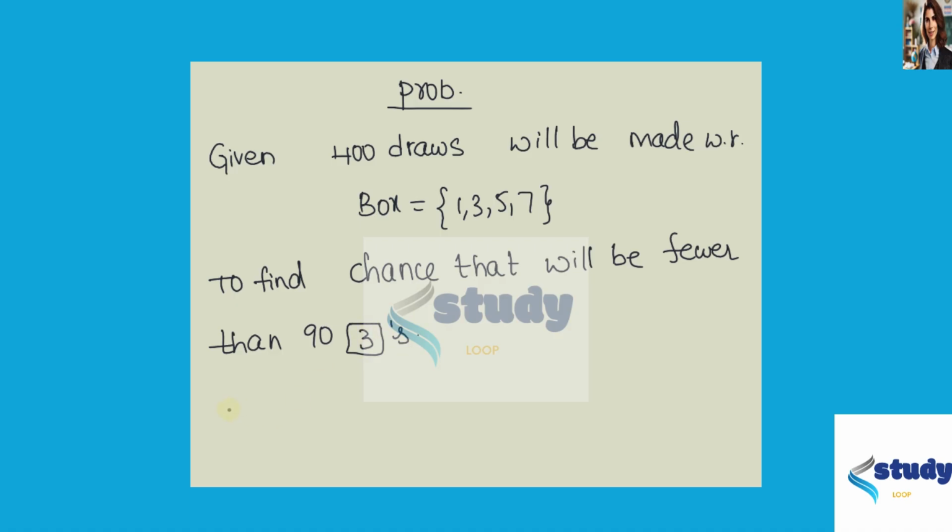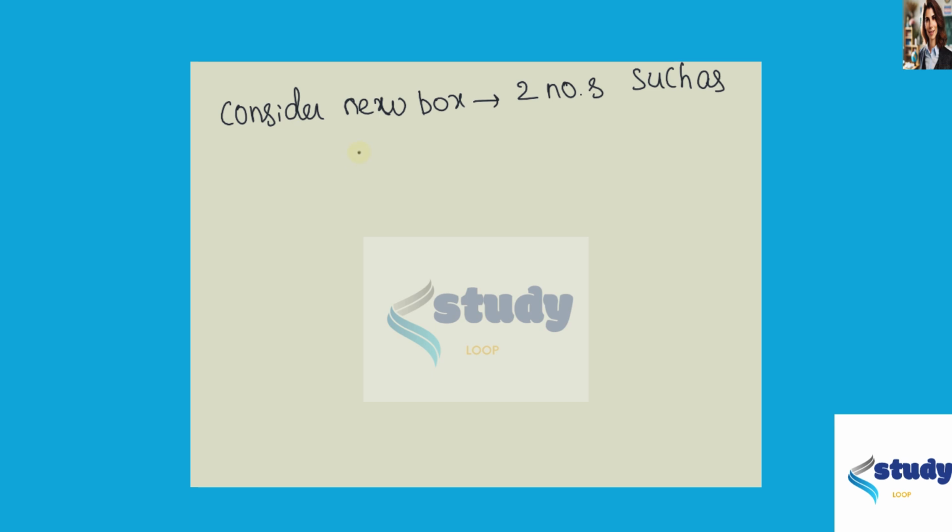So consider a new box. Consider a new box that contains two numbers, such as 0, represented as the combined three numbers, that is 1, 5 and 7, and 1 represents 3 only.